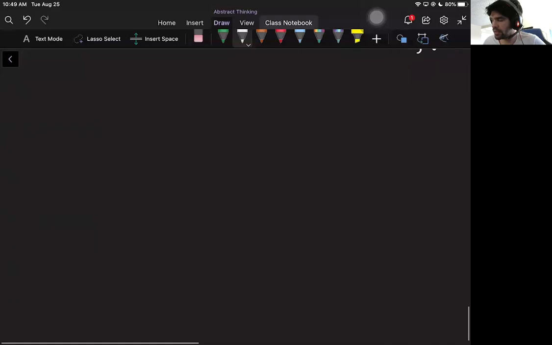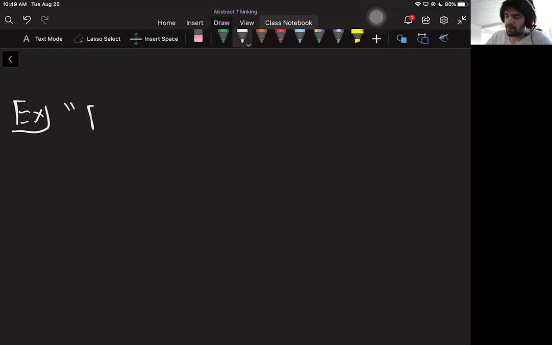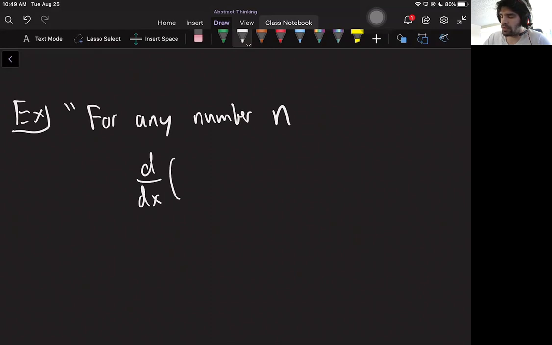So now let's compare something a little bit different. You're going to keep seeing, again, these phrases, for any and there exists. They're very important. We'll study them more later, but I'm going to keep using them. For any number n, here's something that you've seen before. The derivative of x to the n, what's that rule again?